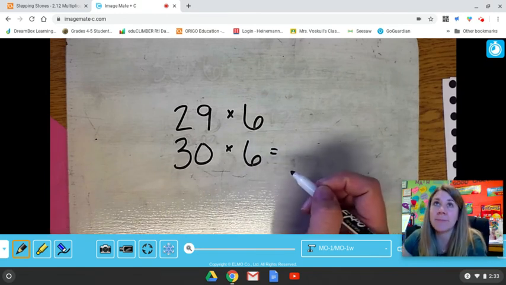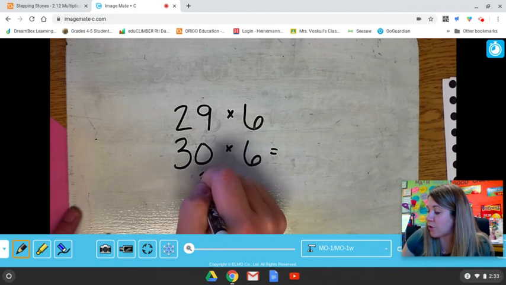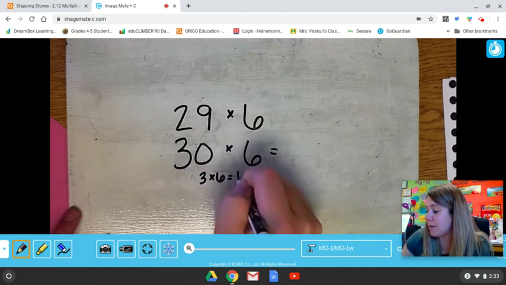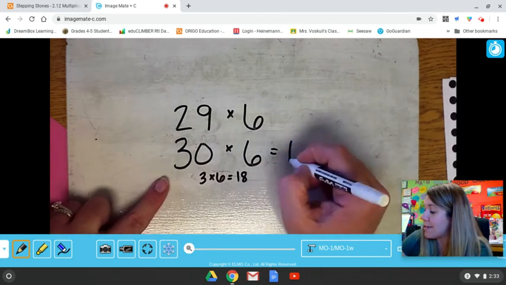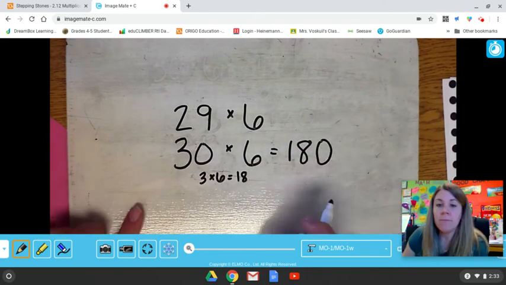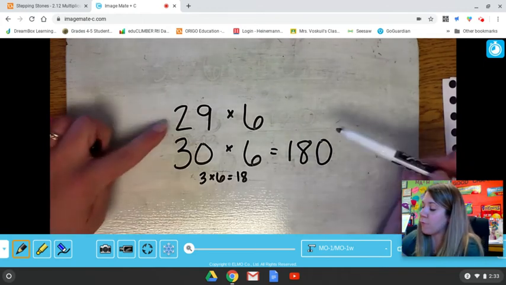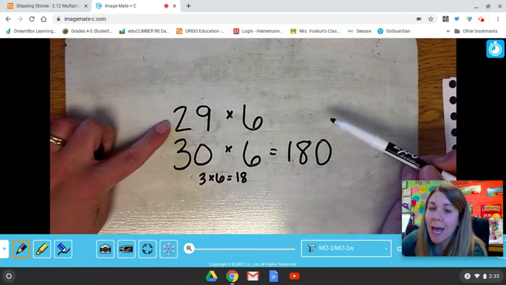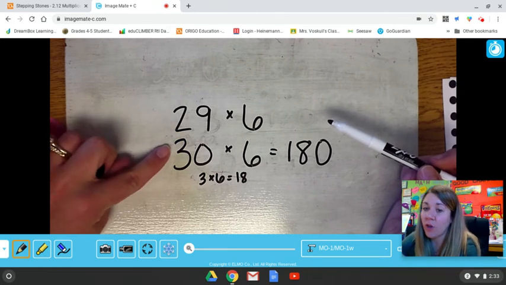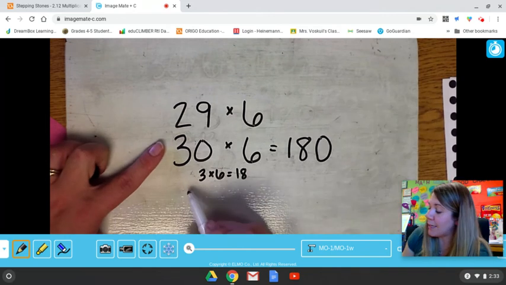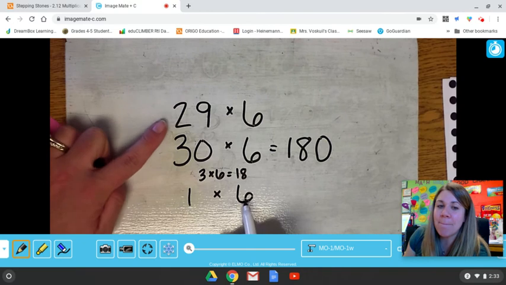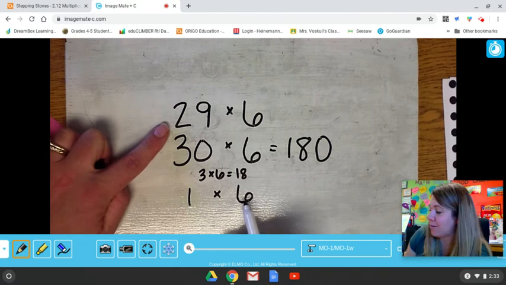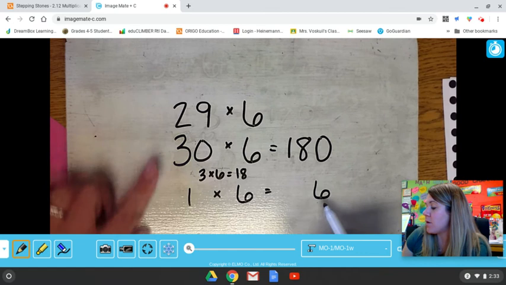Let's think, what is 30 times 6? I'm going to use 3 times 6 equals 18. That's going to help me with 30 times 6. Now I know 30 times 6 is 180. The original problem, though, is only 29 groups of 6. And I calculated 30 groups of 6. So I need to subtract one group of 6 to get me back to only 29 groups of 6.